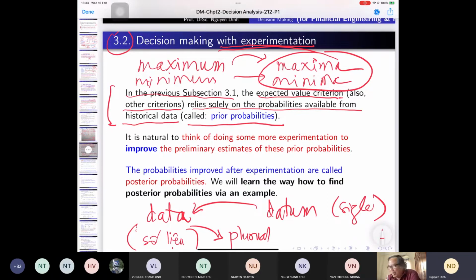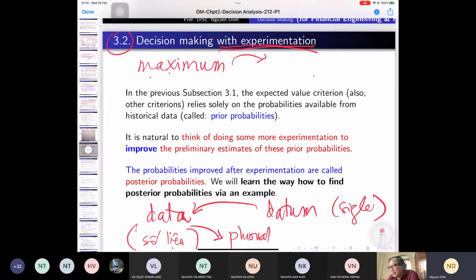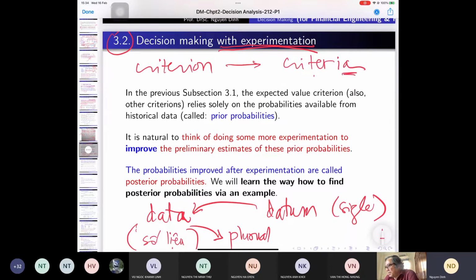Minimum, minima. Maximum, maxima. Datum, data. But here I made a wrong thing. Criterion is okay. But the plural of criterion is not criterions. No. Criterion, and the plural will be criteria.